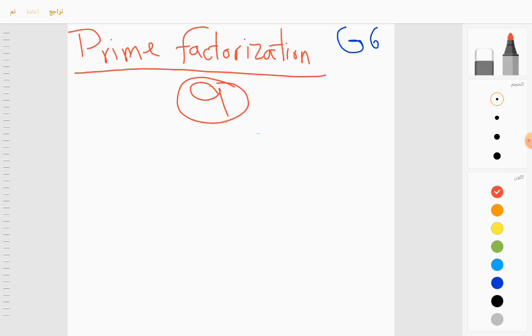What are the factors of 9? I can say that 9 equals 1 times 9 and 3 times 3. So the factors of 9 are 1, 9, and 3. But how about the prime factors of 9? The prime factor of 9 is 3 only, because 3 is the only prime among the factors.